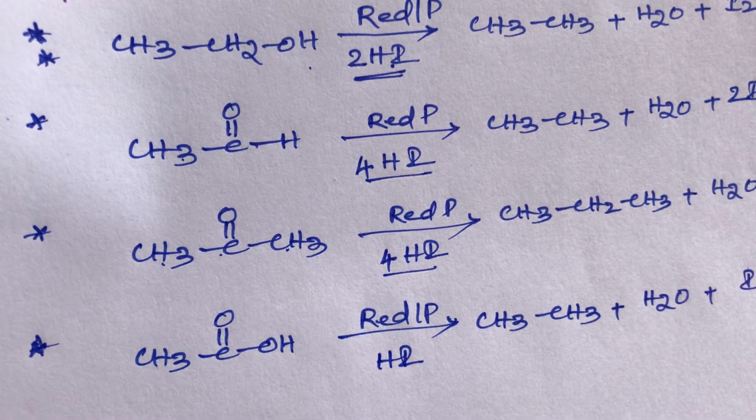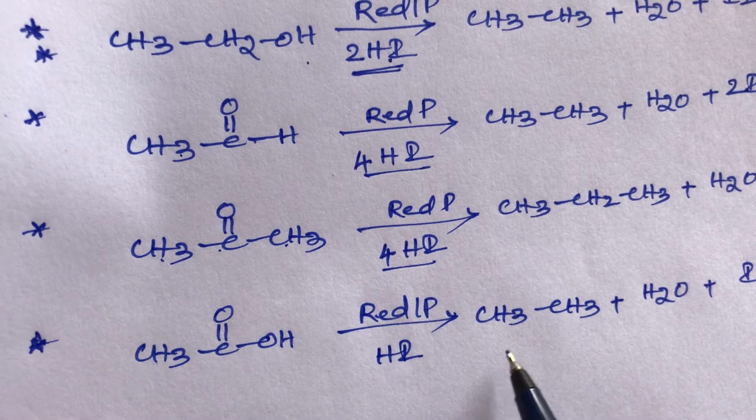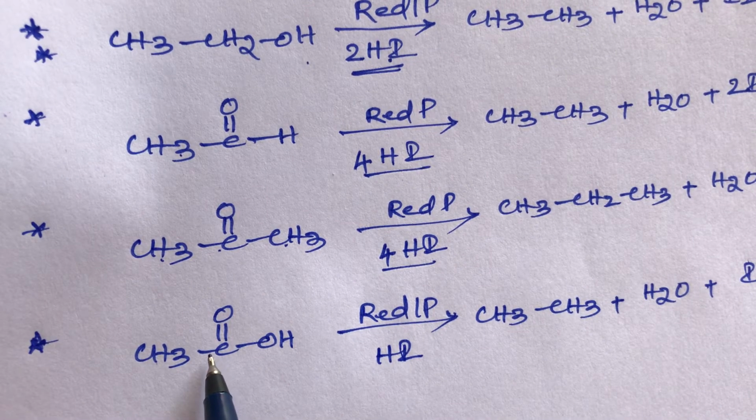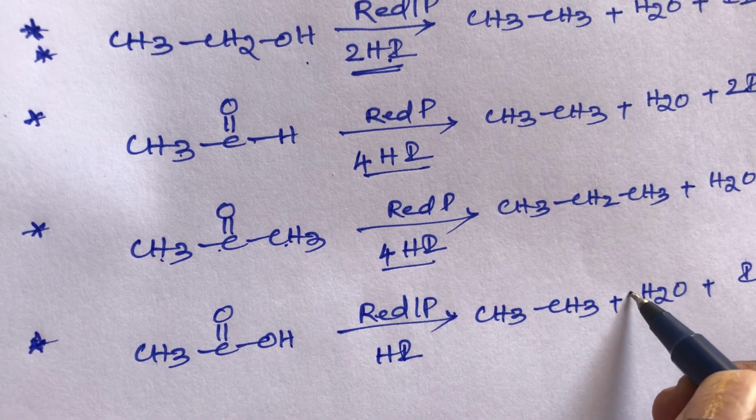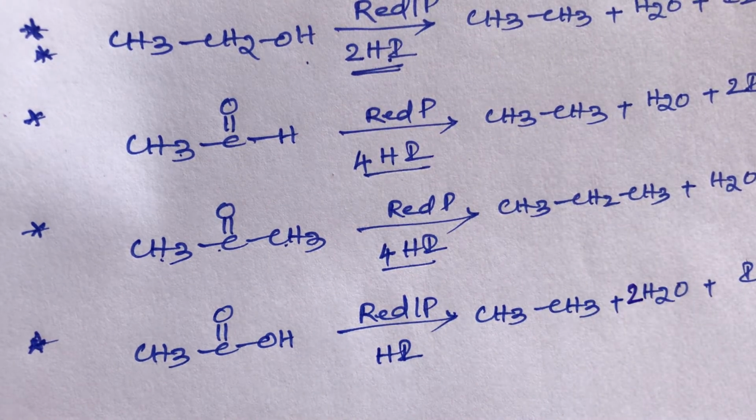In this reaction, student, 2 oxygens are there on the left hand side, but on the right hand side only 1 oxygen is there. So now put 2 moles of water molecule, student.